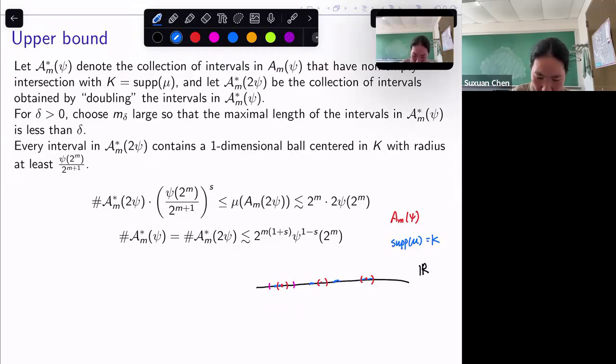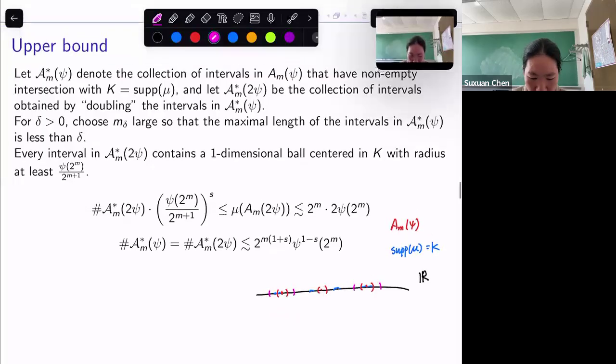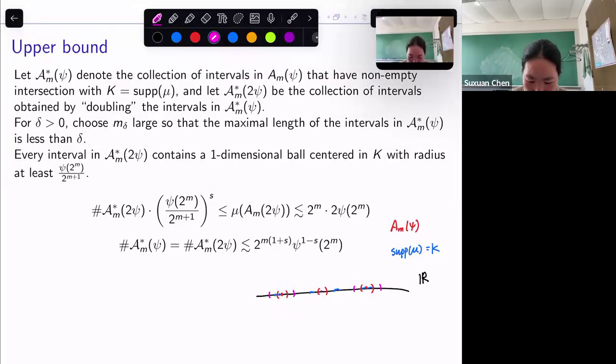We only consider the intervals that have non-empty intersection with the self-similar set K. And then, once we have finished doubling the intervals in AM star psi, each interval contains a one-dimensional ball centered in K with radius at least psi m over 2 to the m plus 1.